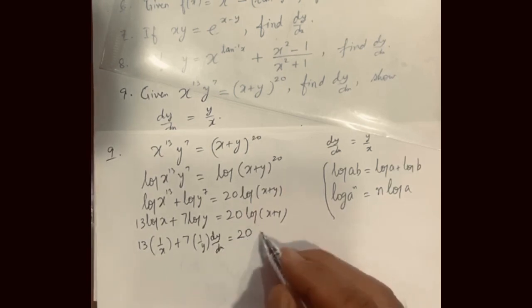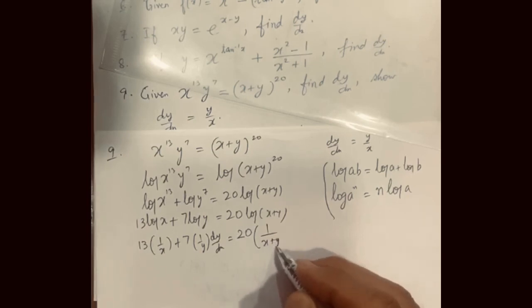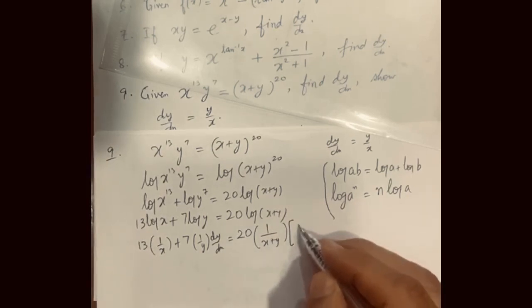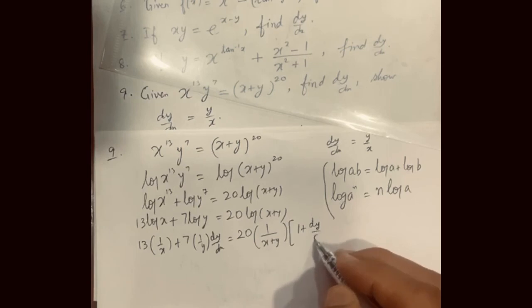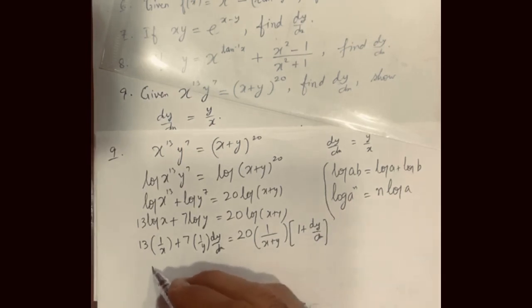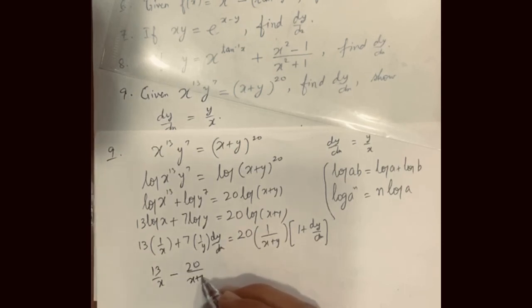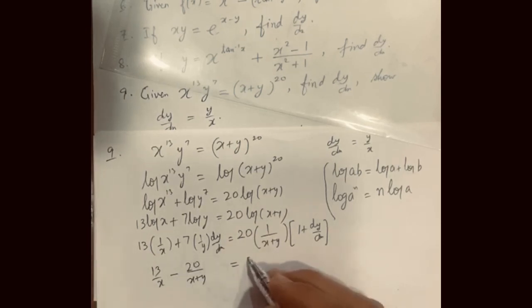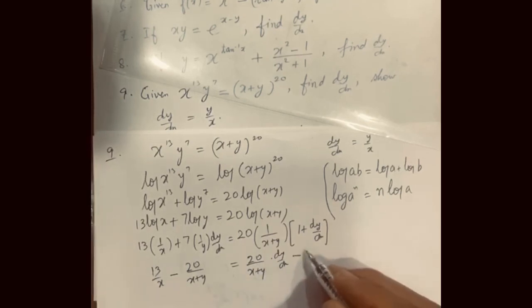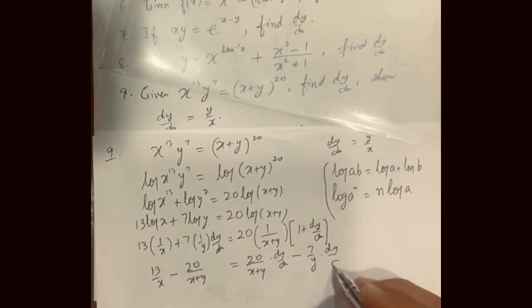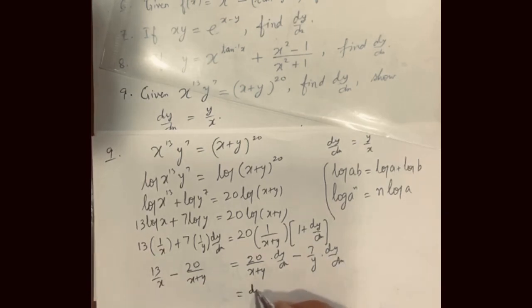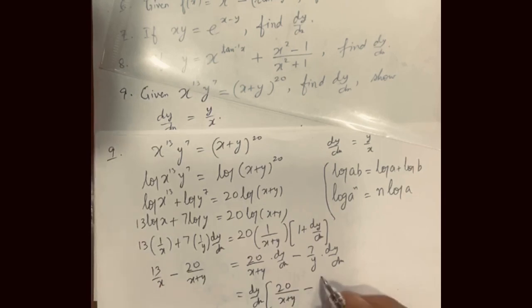This is 20 into 1 upon x plus y into derivative of x plus y, which is 1 plus dy by dx. This is 13 upon x minus 20 upon x plus y, this is equal to 20 upon x plus y into dy by dx minus 7 upon y into dy by dx. Taking dy by dx common, this is 20 upon x plus y minus 7 upon y.